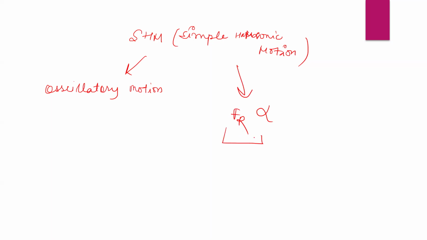So this retarding force acts in the opposite direction. So here comes the negative sign, and it is directly proportional to the displacement from the equilibrium position. So we have this formula F is equal to minus kx.